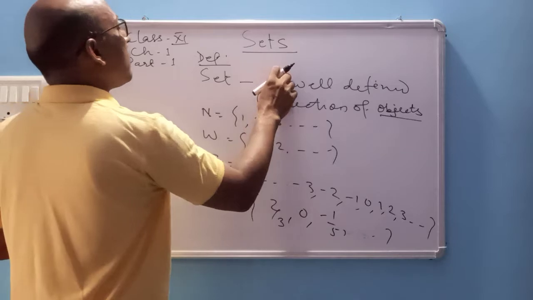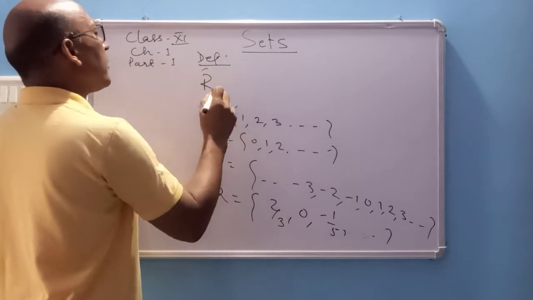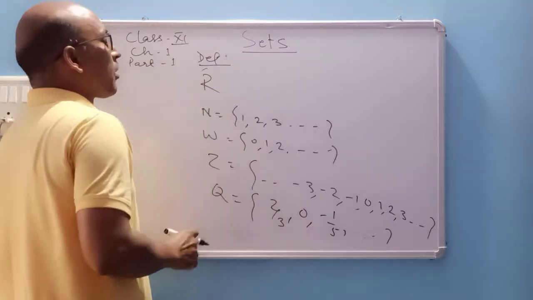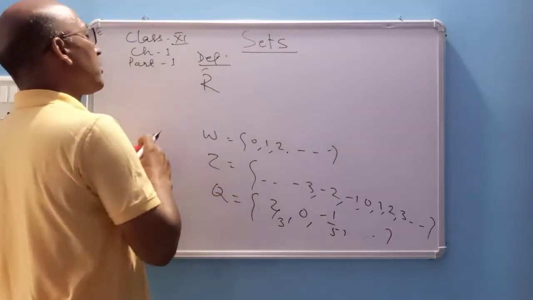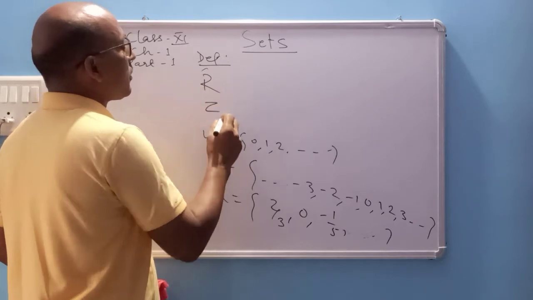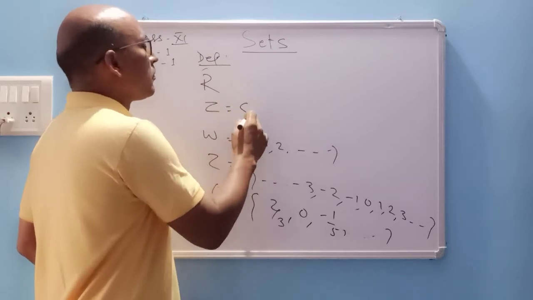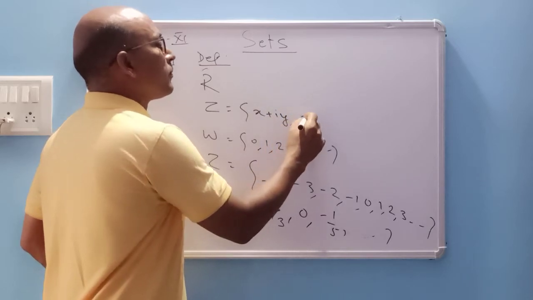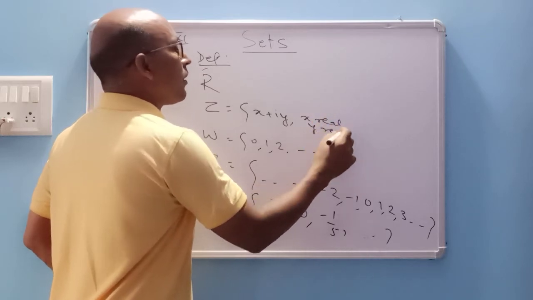Set of real numbers, which is also represented by the symbol R. Set of complex numbers, you will read about this in future, is represented by C, numbers of the form x plus iy, where x is real and y is real.